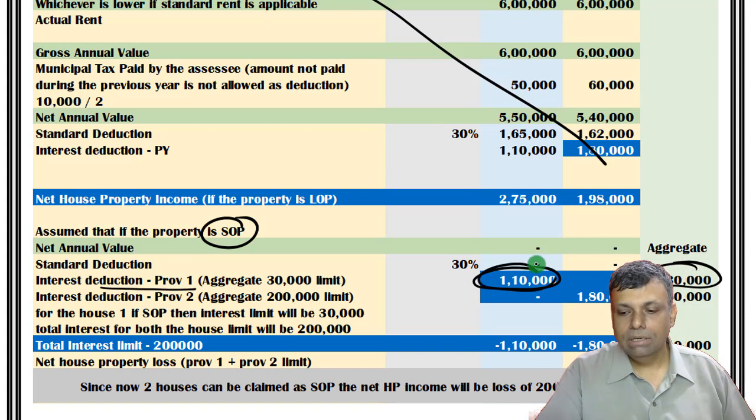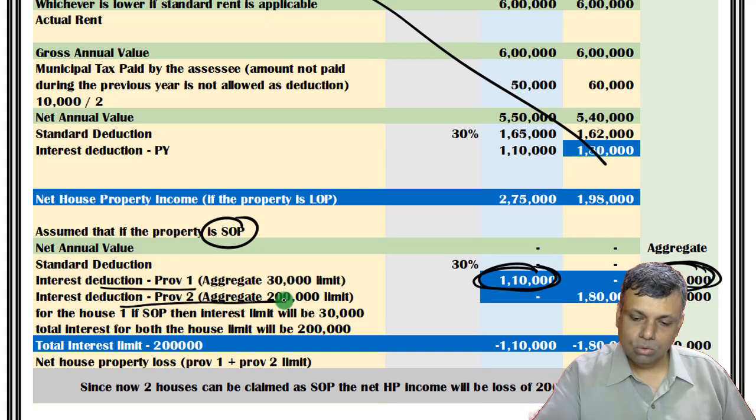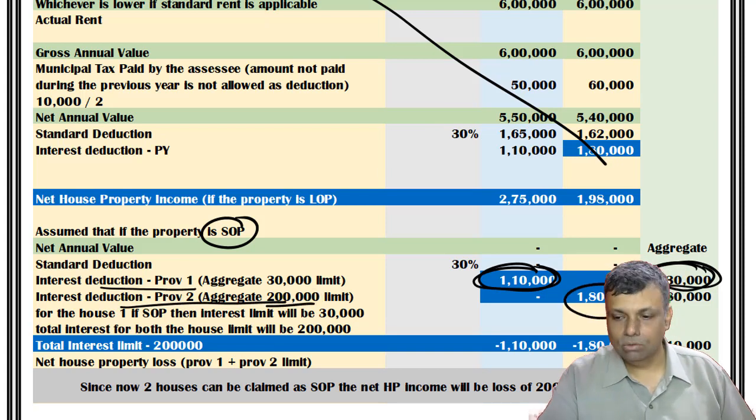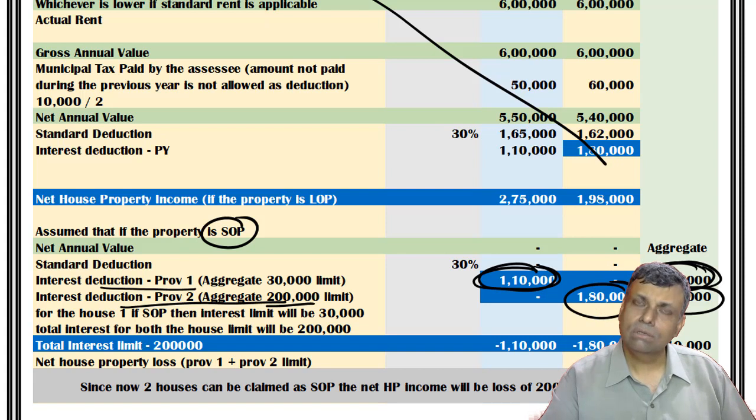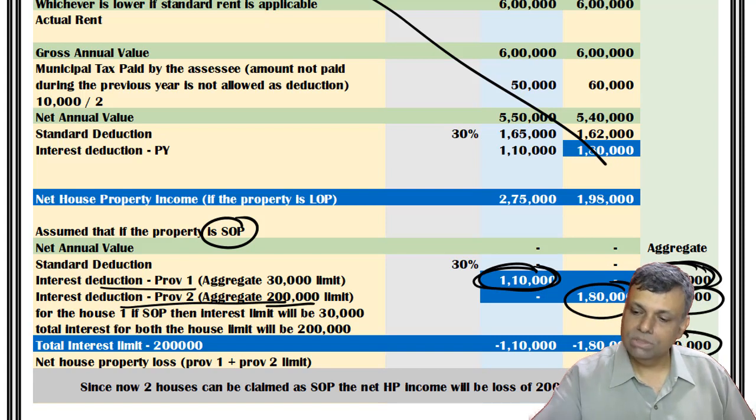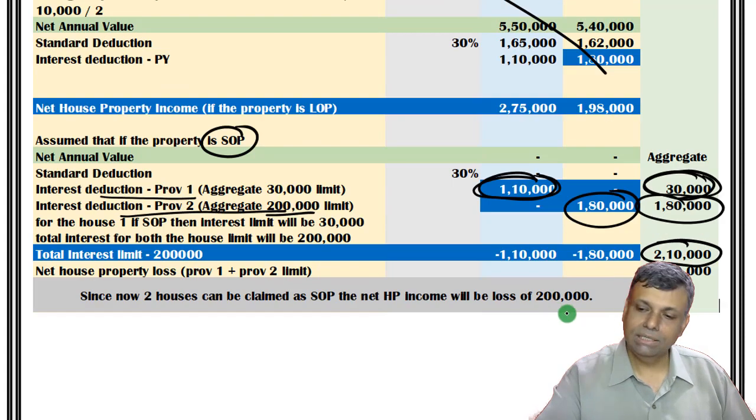See, for house number 1, it was 1,10,000, but the SOP limit comes to 30,000. For house number 2, the interest limit is 2 lakhs, but the actual interest is 1,80,000. So it is not crossing the limit. Now the total is how much? The total is 2,10,000.